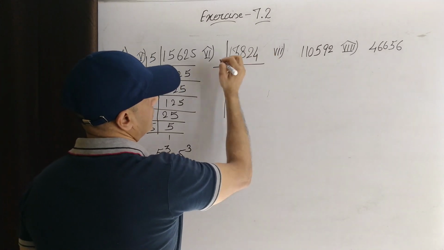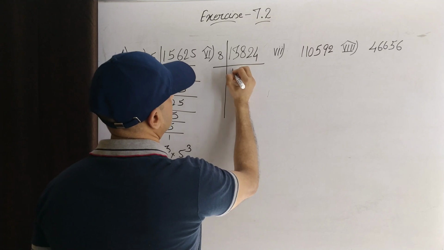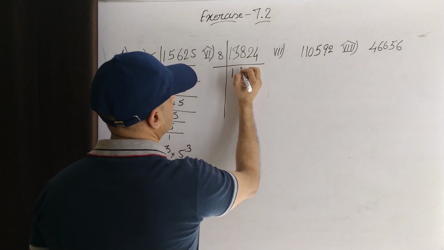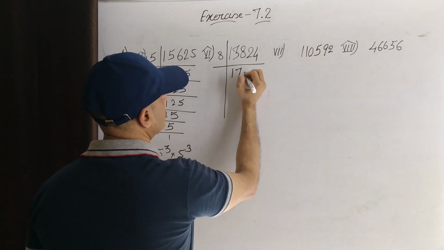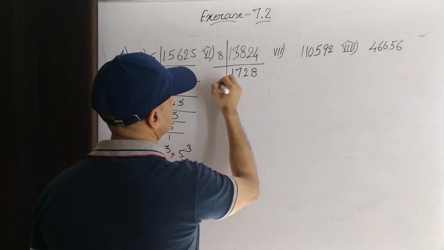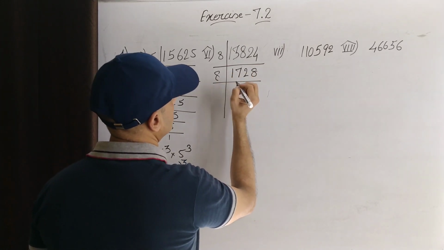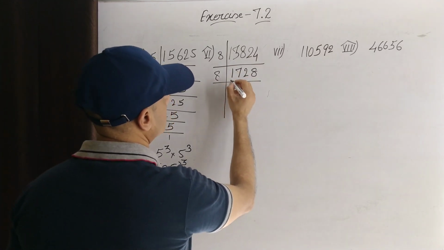So again, we start with 8 because this number is divisible by 2. 8 again. We'll take 2, the 16.